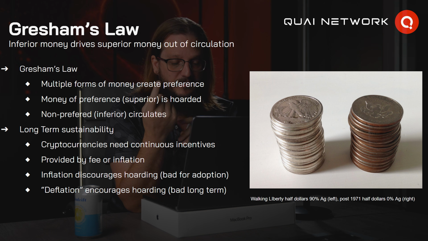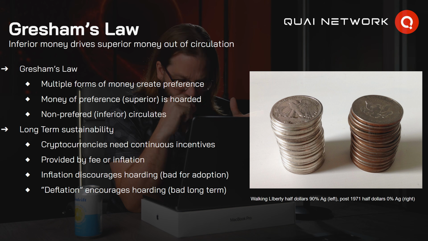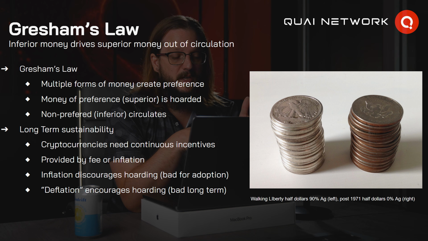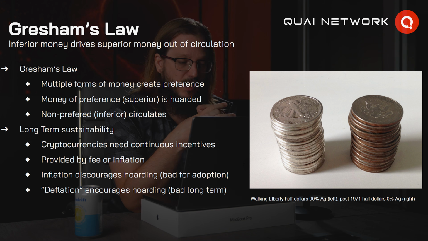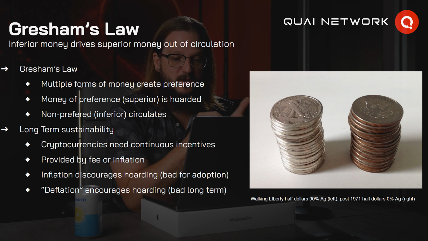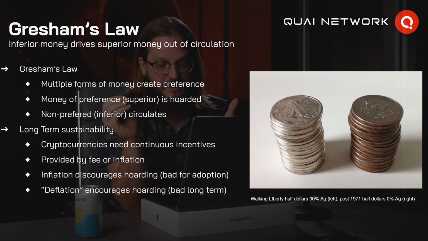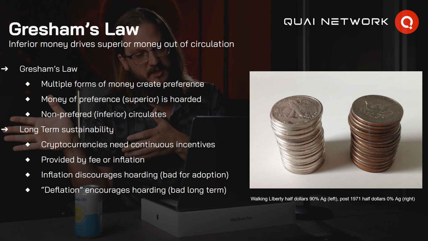To do that, I basically have two options. I can do that by fee, or I can do that by inflation. If I have inflation, that discourages the hoarding or the adoption of the currency itself. But if I have deflation, I encourage hoarding, which means no one's going to want to spend it, which means I don't get transaction fees, which means in the long term I can't create a sustainable economic system.